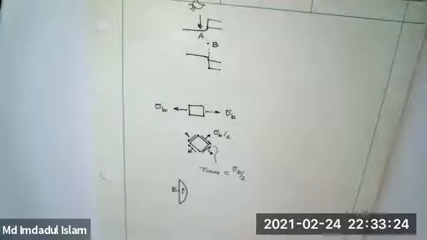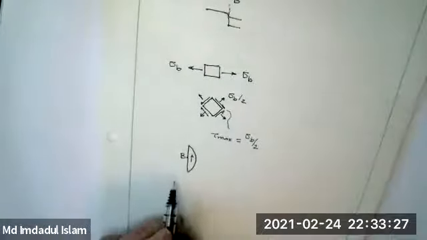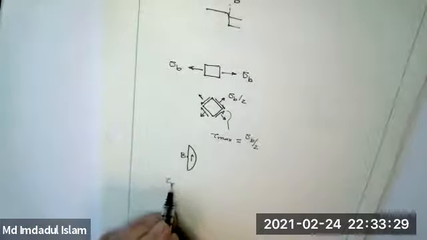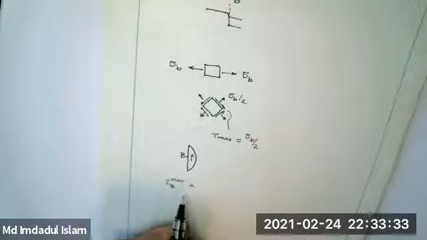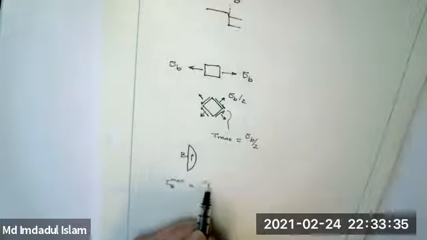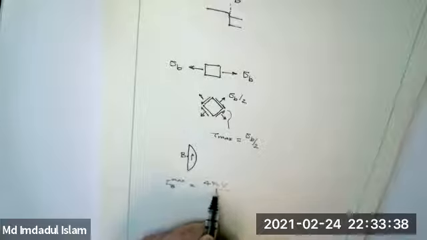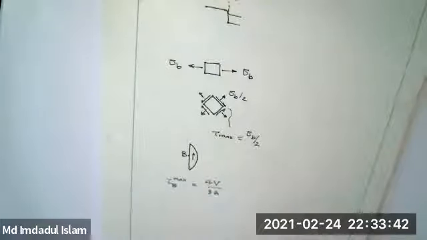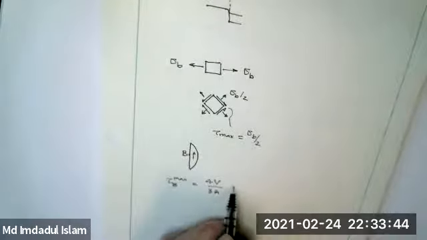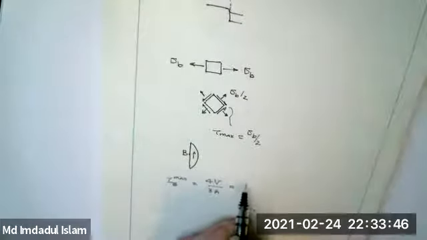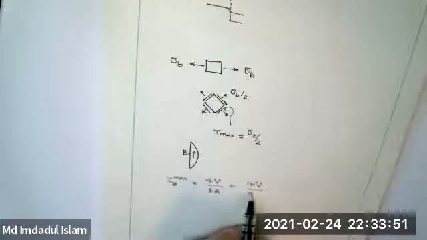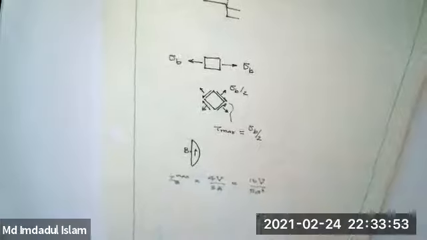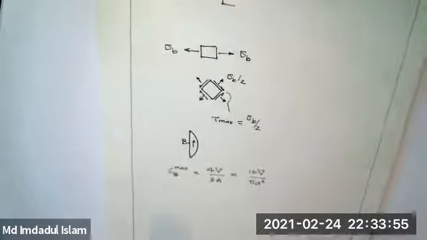And that for a circular cross section at B is 4V upon 3A, where V is the shear force. So V is just 200 pounds.